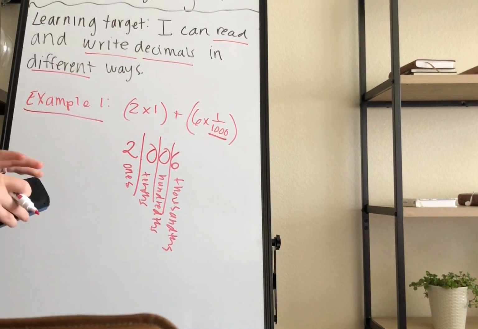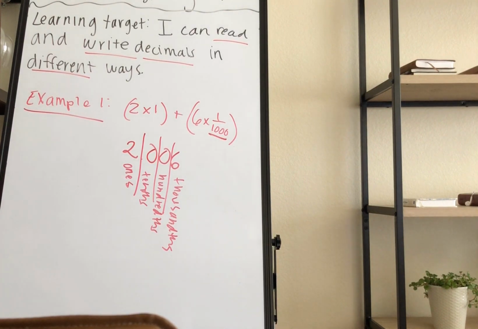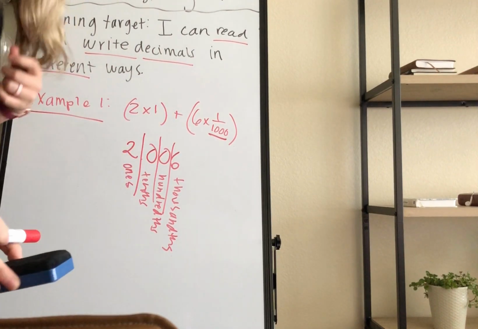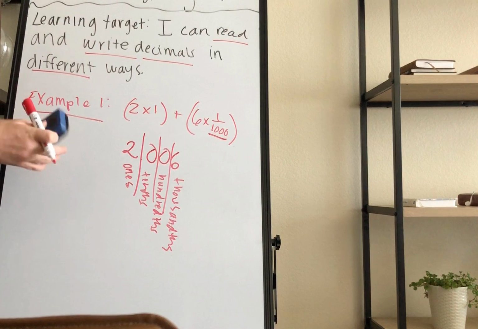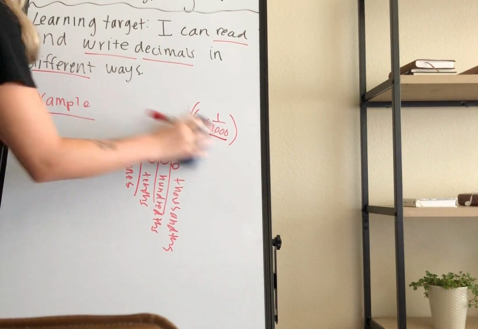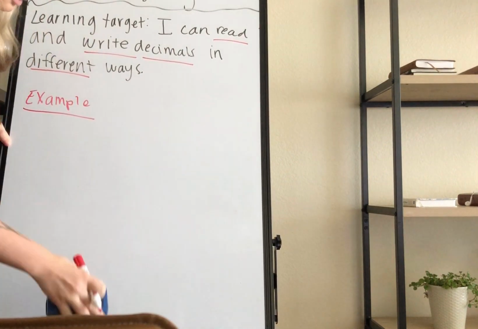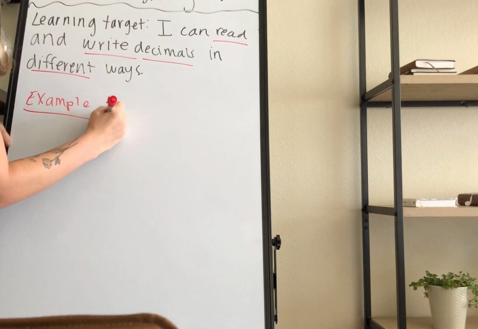All right, let's try another one. You guys make sure you have that copied down. Okay, if you need more time to copy it, pause the video. I'm moving on. Example 2.